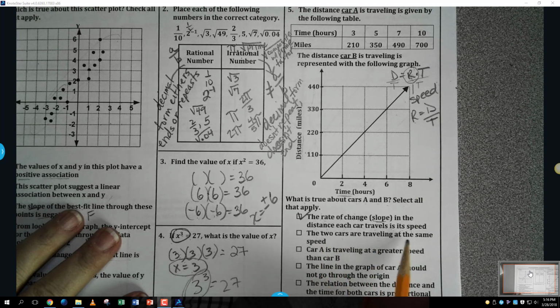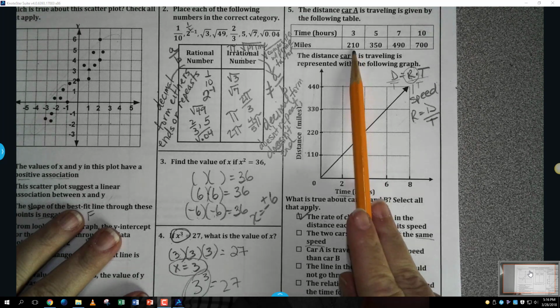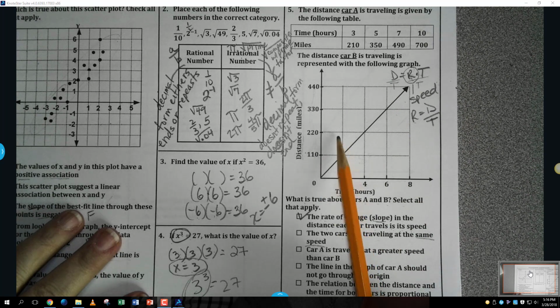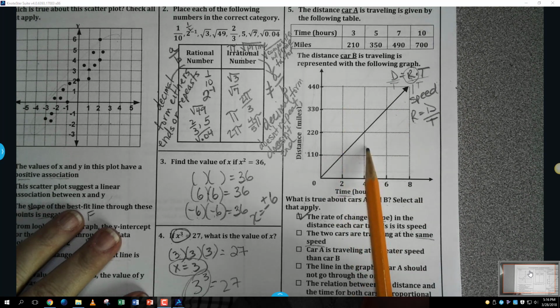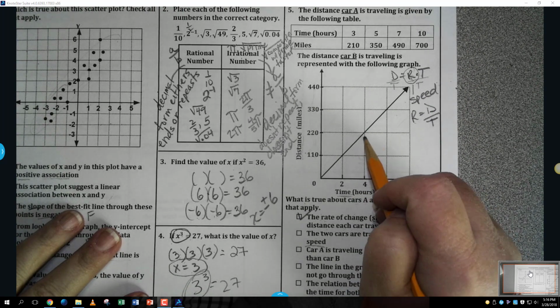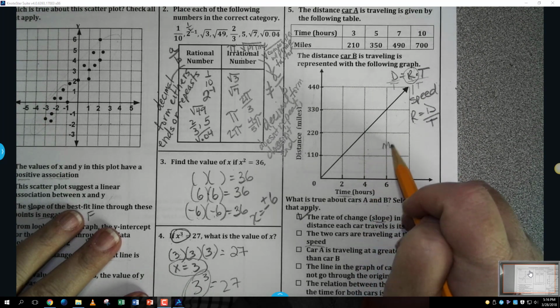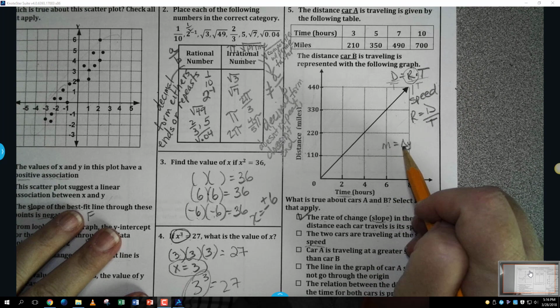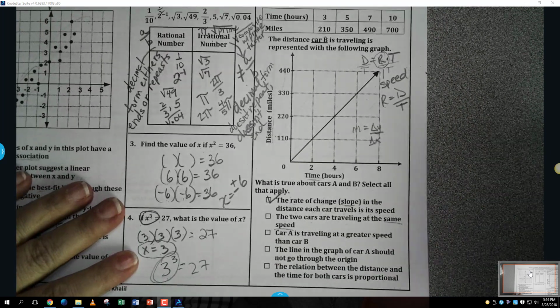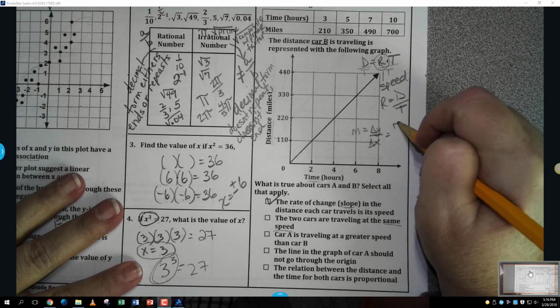The two cars are traveling at the same speed. So for us to answer this question, we either need to plot this line and make sure that the slopes are the same, or we need to figure out the slope of this and the slope of this. So I will do it this way. Slope is the change in y over the change in x, which is the rise over the run.